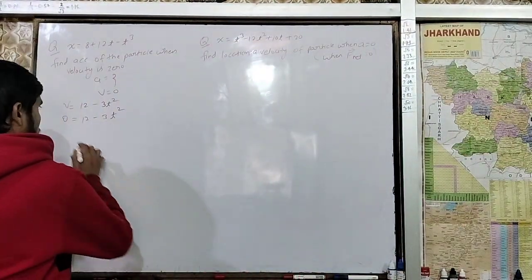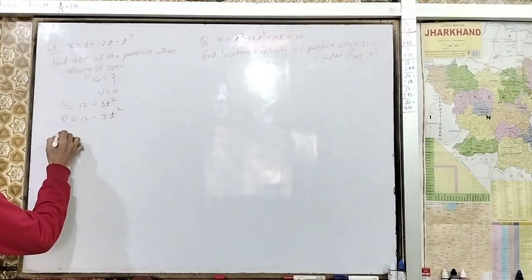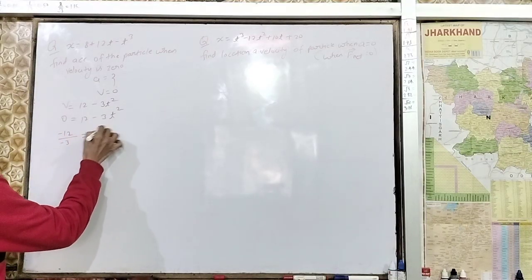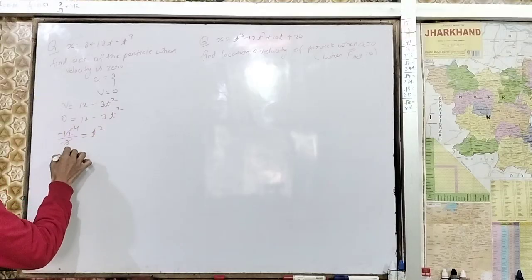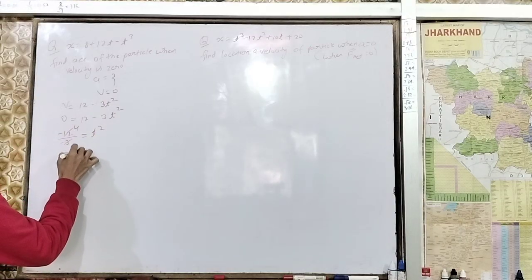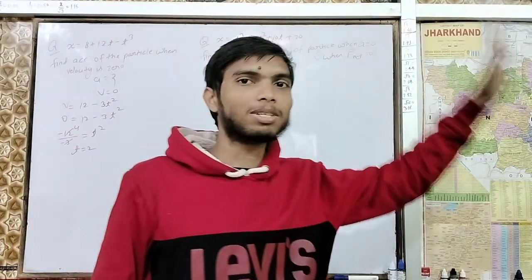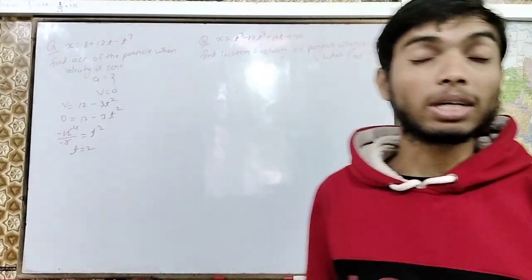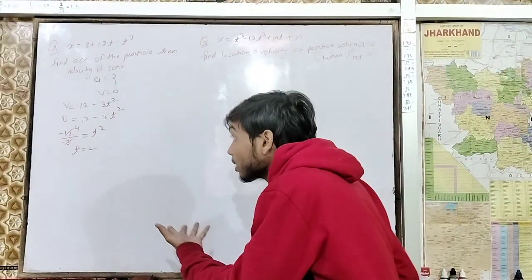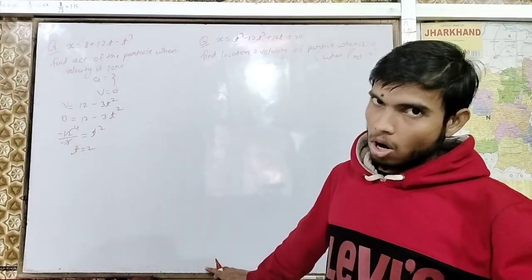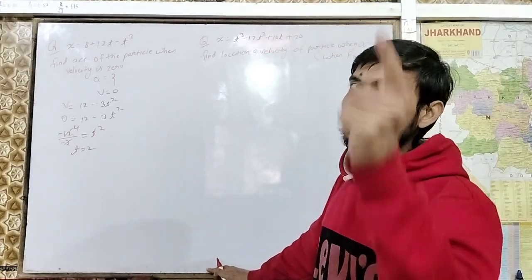So this 12 will come this side, minus 12 equals minus 3t square. 3 fours are 12, so t is coming as 2. At 2 seconds, velocity is becoming 0. This is the answer we are getting.